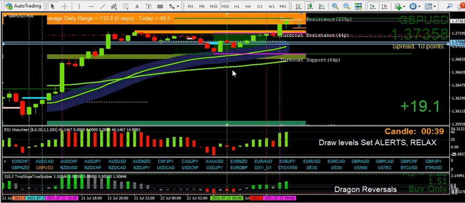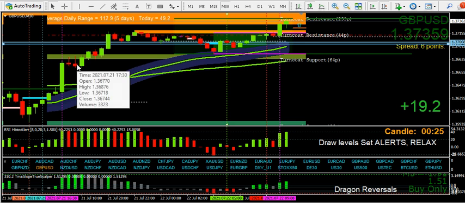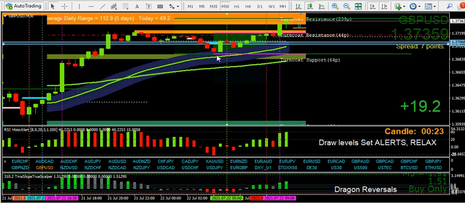These are such high probability setups. You've got everything in your favour. You've got an old congestion area here, supply and demand, come back and tested, it's bounced off of it. Buyers have overwhelmed the sellers, or are overwhelming the sellers.